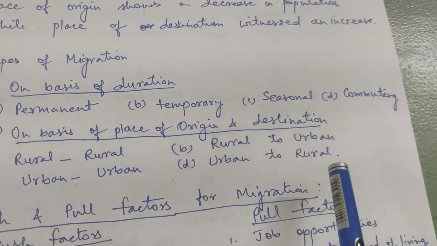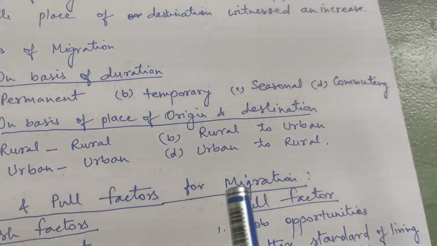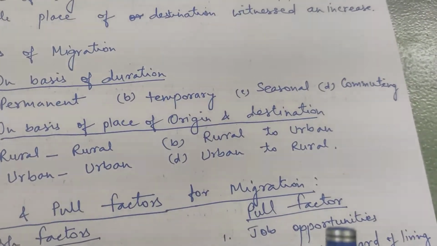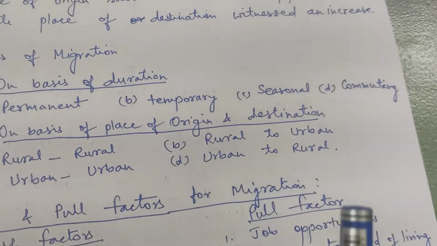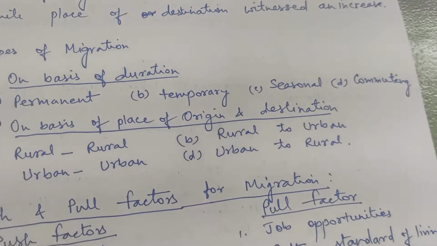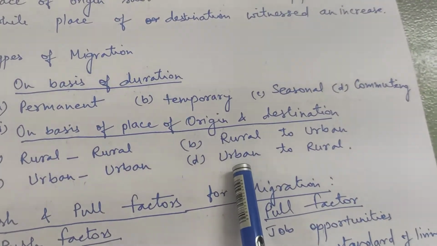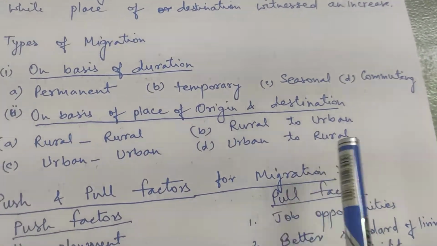This happens when urban lifestyle or urban problems, like pollution and crime rates, lead people to migrate towards rural areas. So people move to rural areas for peace. This also happens in the case of old age migration. People after retirement want to live in rural areas.